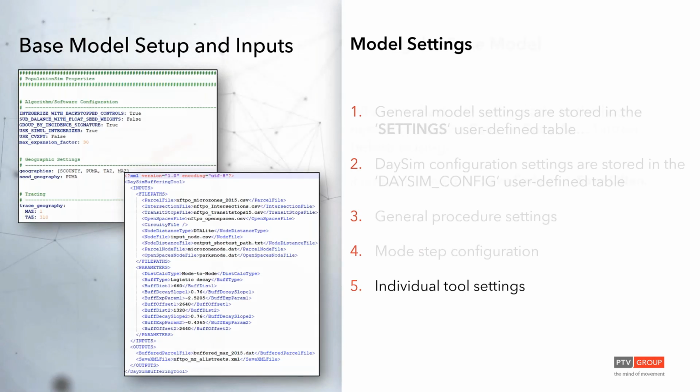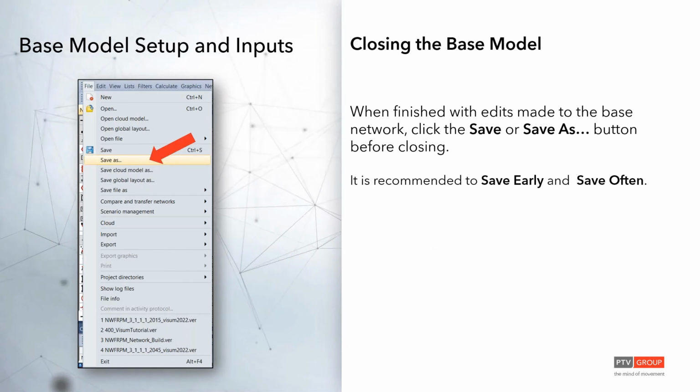Whenever you have opened the version file, when you're done making changes to your model, if you're making changes to the inputs or updating any settings, always save the version file.